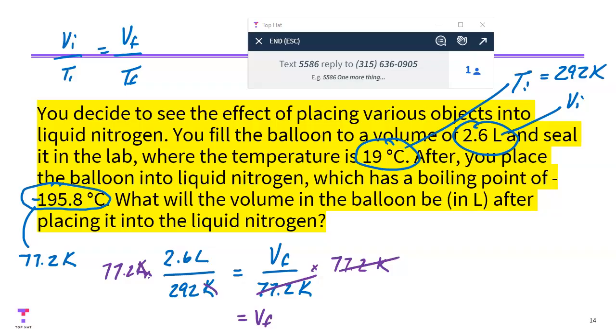Everything else is going to multiply or divide together to give me liters. 77.2 times 2.6 divided by 292, to two significant figures, is 0.69 liters.